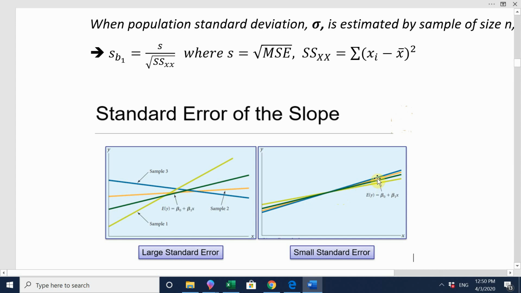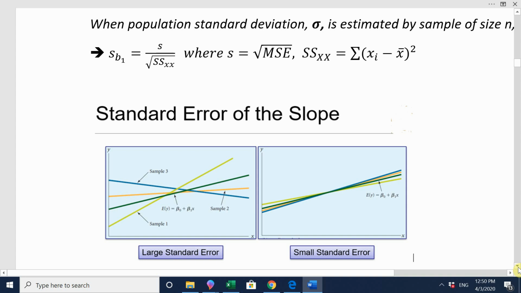So we see how the dispersion about the true regression line is decreased significantly. Okay, so you understand the importance of the magnitude of your standard error of residuals plays a key role in determining how large or how small your standard error for your slope will be, right? Okay.